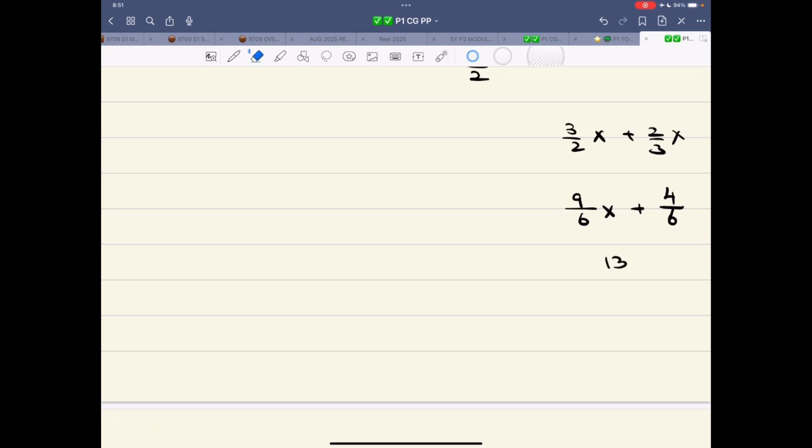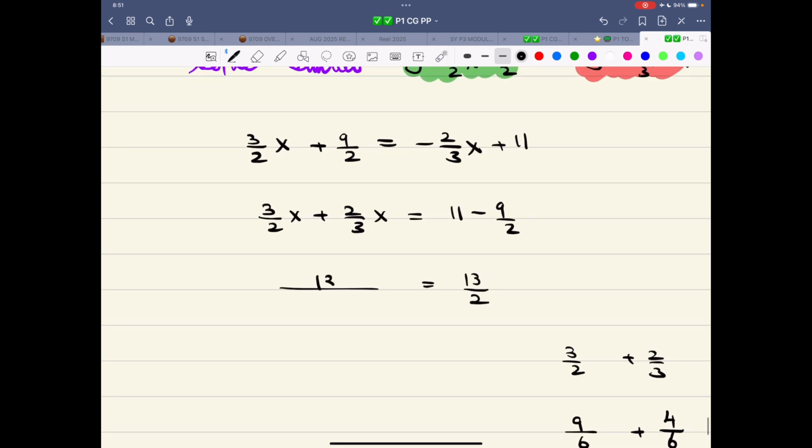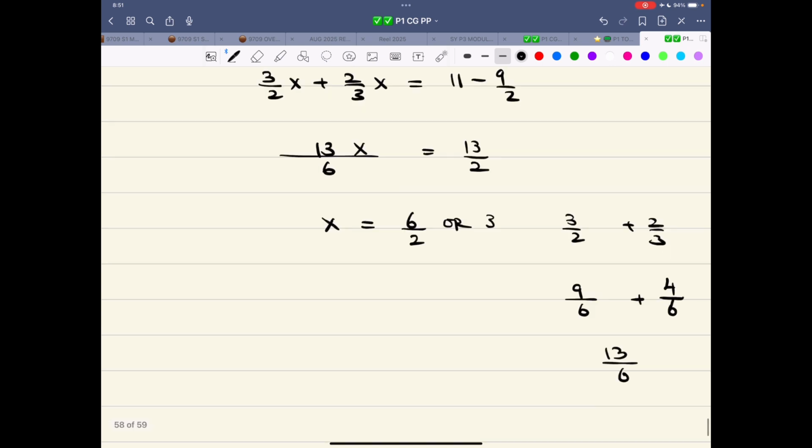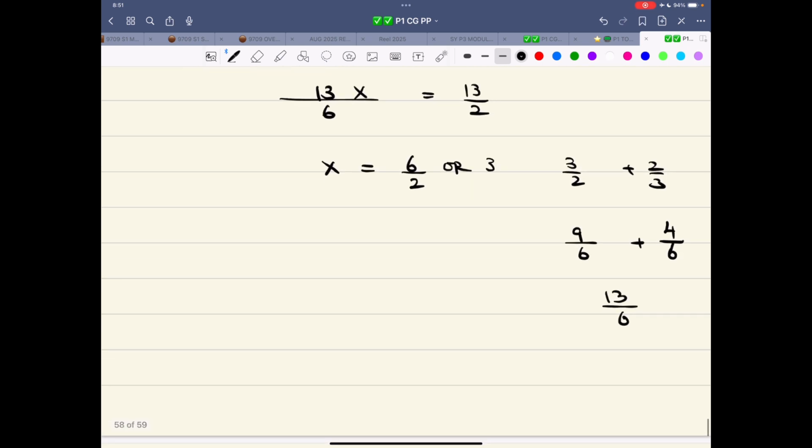Let me remove this x over here. There is no need. So this is 13 over 6. So this simplifies to 13 over 6x. So therefore 13 cancels out, and x is 6 over 2, which comes out to be 3. X coordinate is 3. And what's the y coordinate?